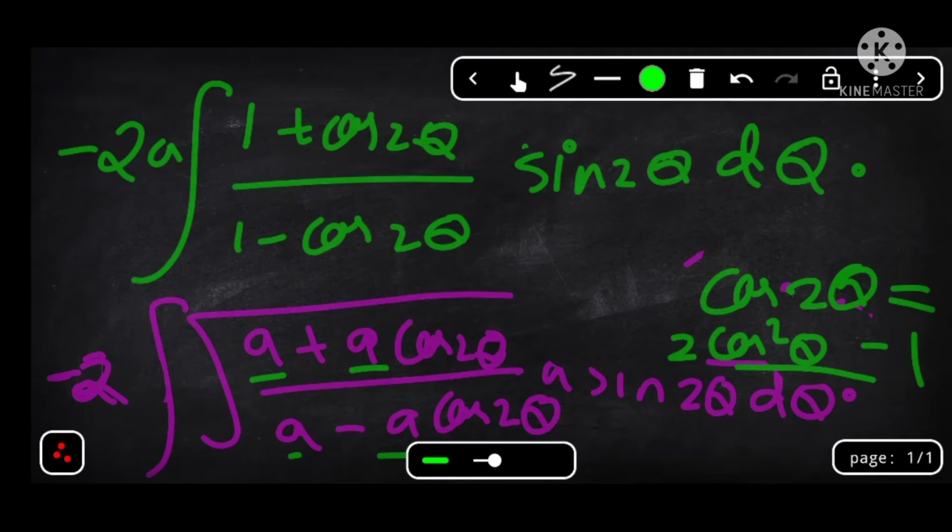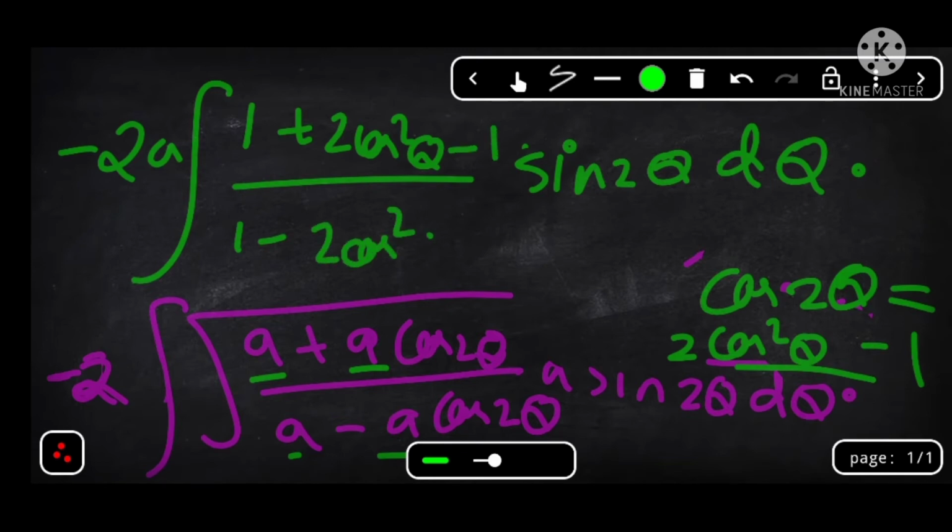Okay, so I'm just replacing here 2 cos square theta minus 1.